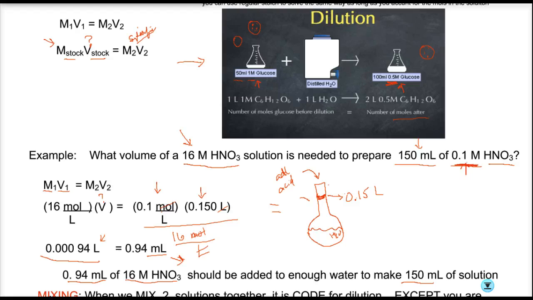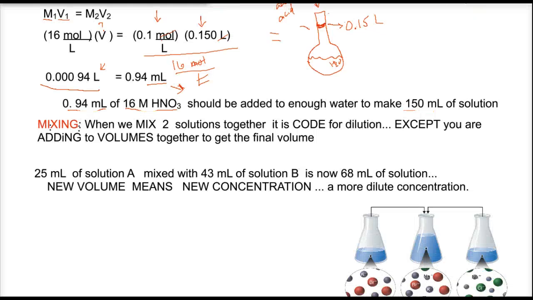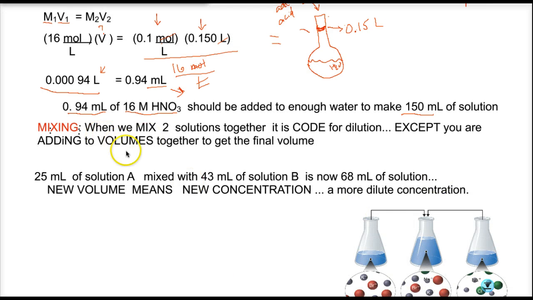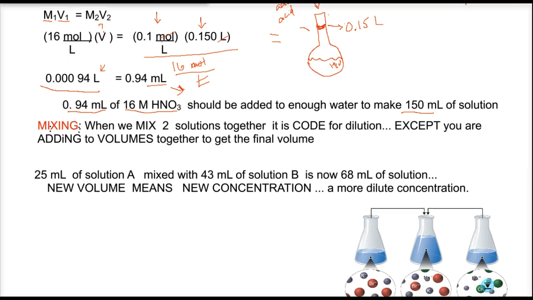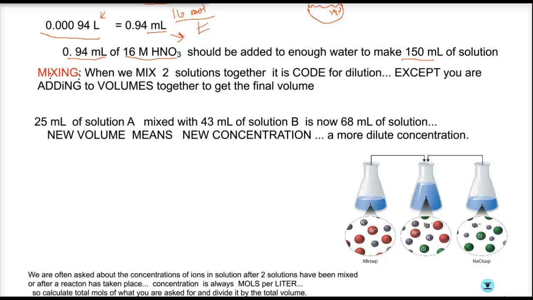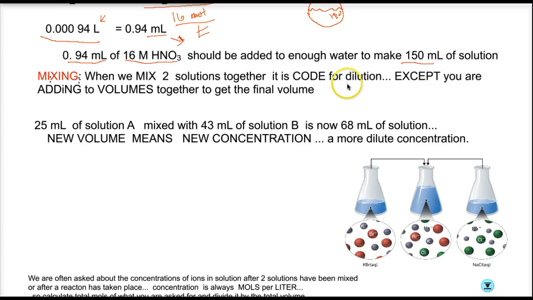This is also the same as regular stoich, just cleaner and faster. When we mix two solutions together, that is code for dilution. Why? Because both of them must come out less concentrated than they went in.